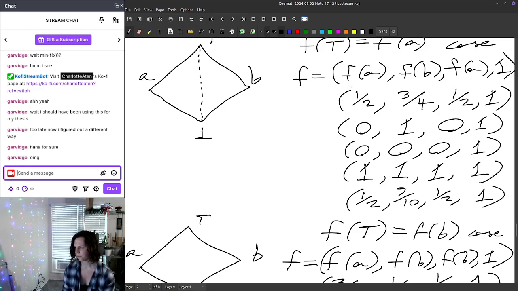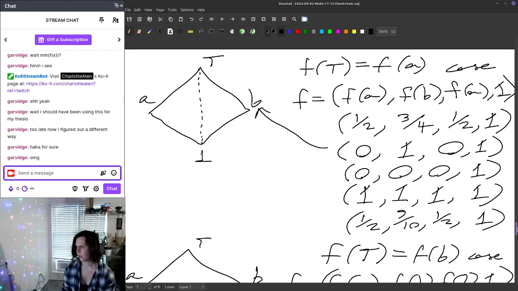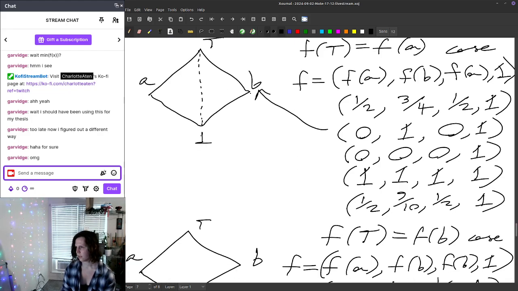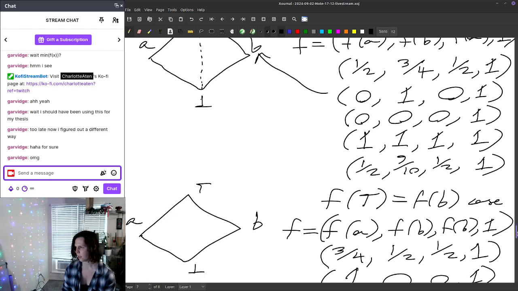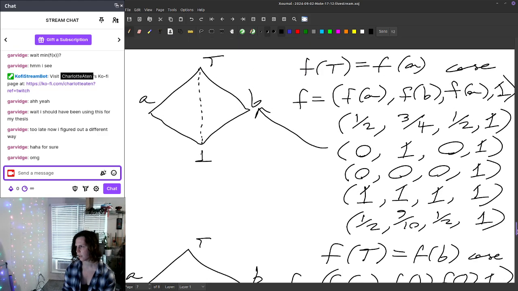So we actually might think of this as representing B. And then similarly, over here, this has a 1 on f of A and zeros everywhere else. That's interesting. And so we might think of that actually as like A.